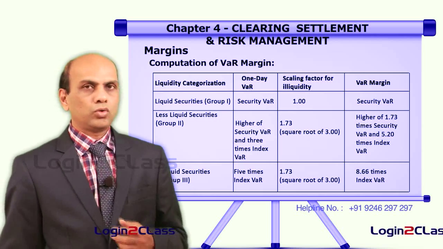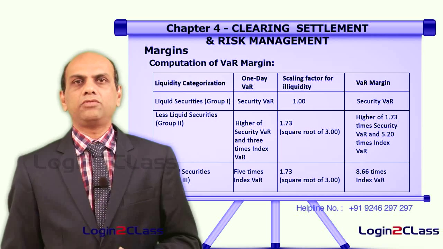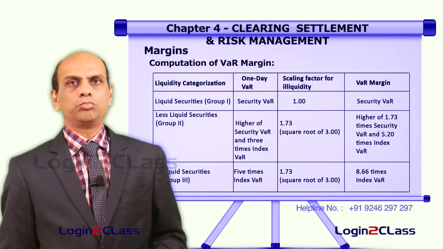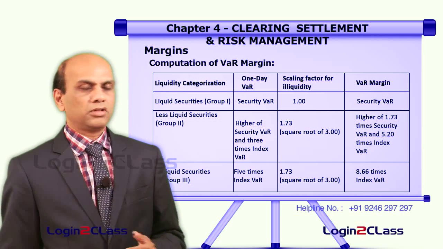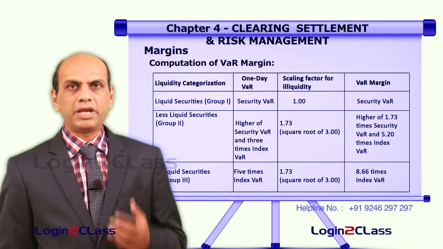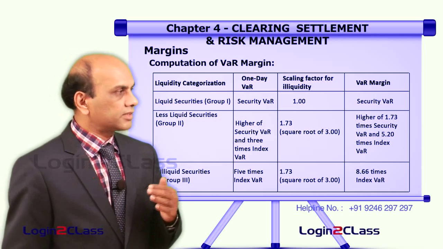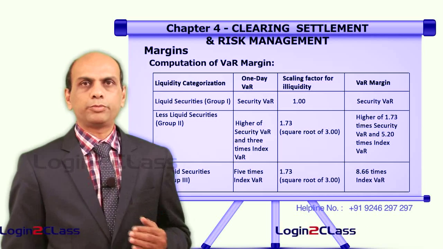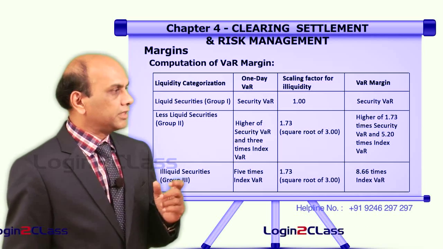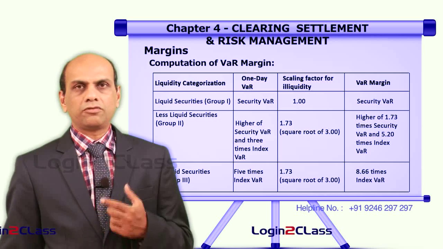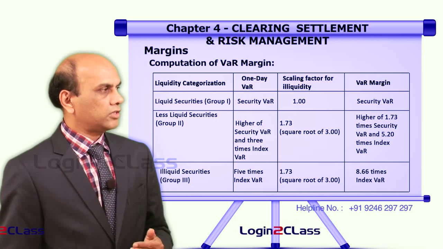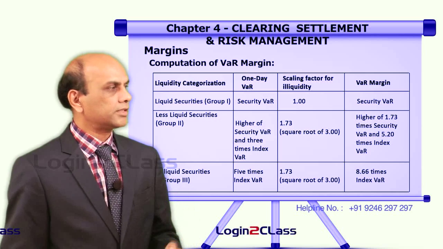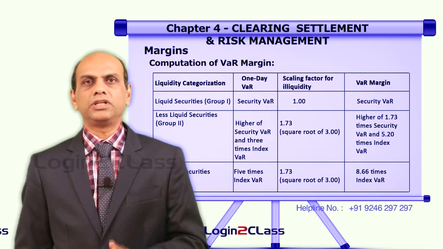So, here to arrive at the daily VAR for this particular security which is under the third group, we take 5 times the index VAR as the base. Then what is the scaling factor used for calculating VAR margin for this particular security? It is 1.73 or square root of 3. Now, the VAR margin for such securities under group 3 is 8.66 times the index VAR.